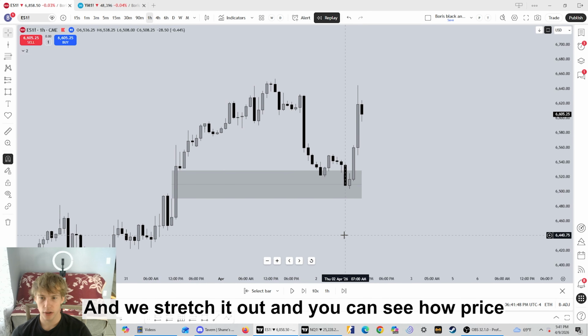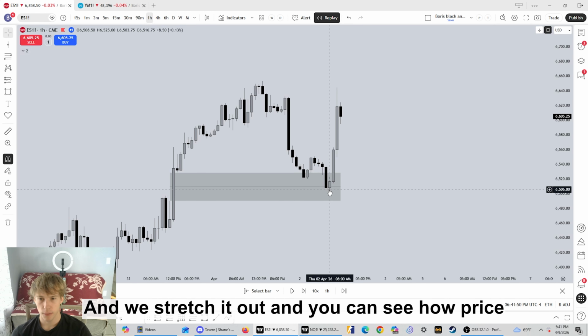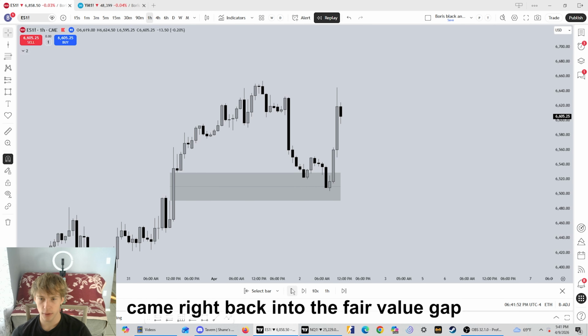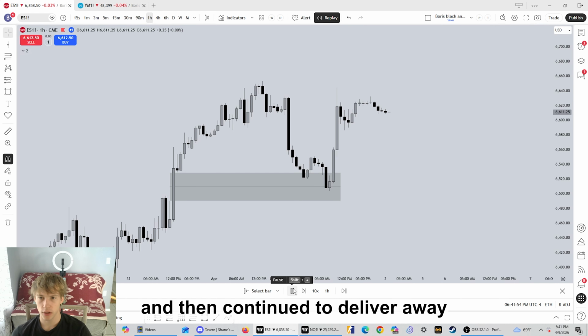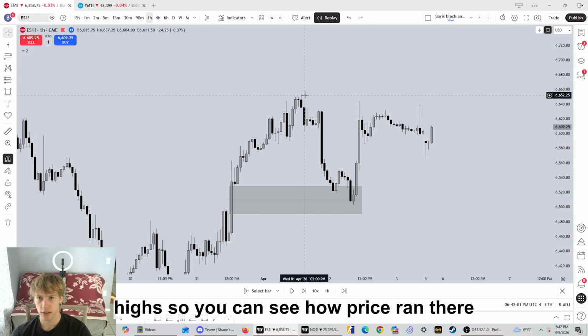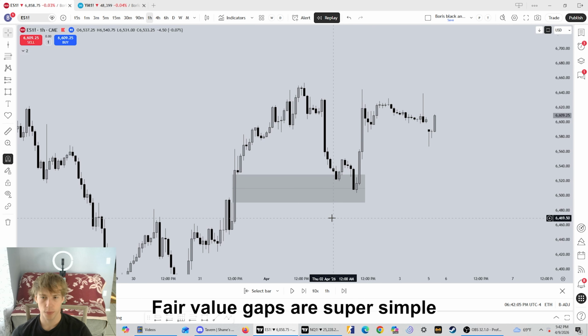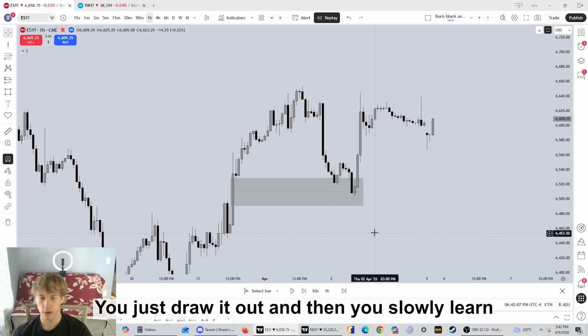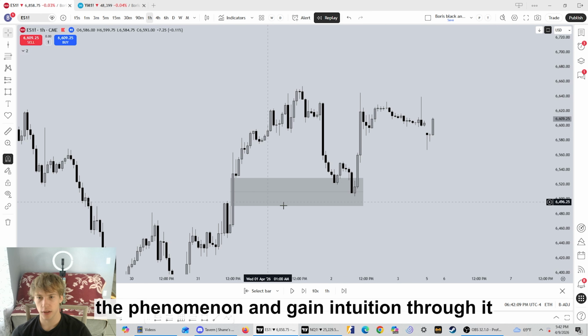We stretch it out, and you can see how price came right back into the fair value gap and then continued to deliver away towards our draw. In this case, our draw from this gap was these highs, so you can see how price ran there. Fair value gaps are super simple. You just draw it out, and then you slowly learn the phenomenon and gain intuition through it.